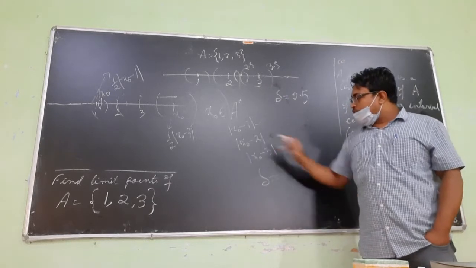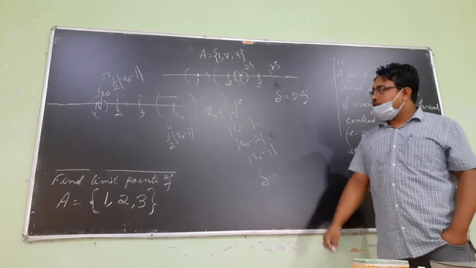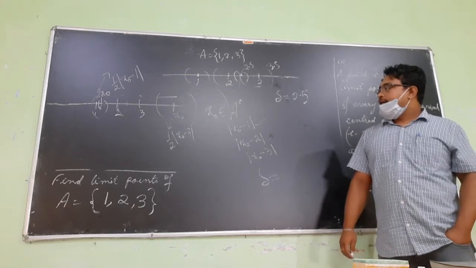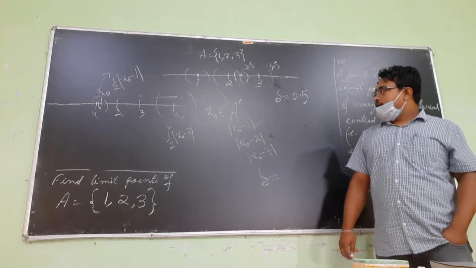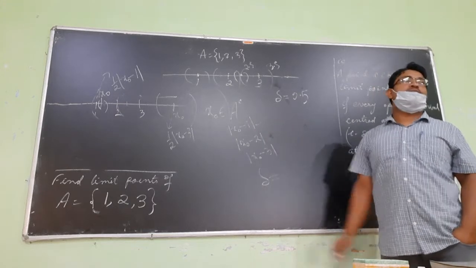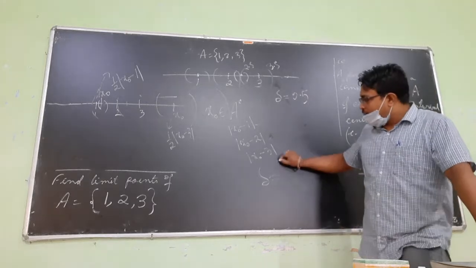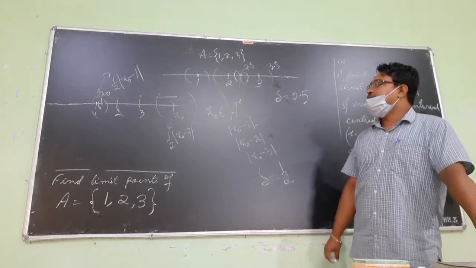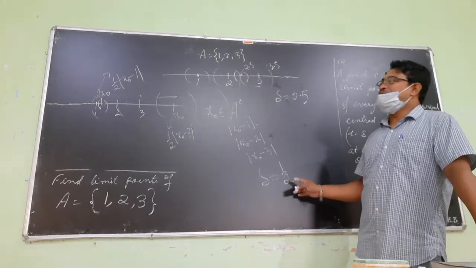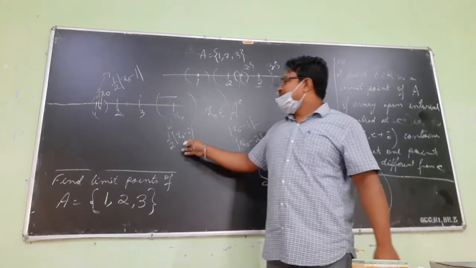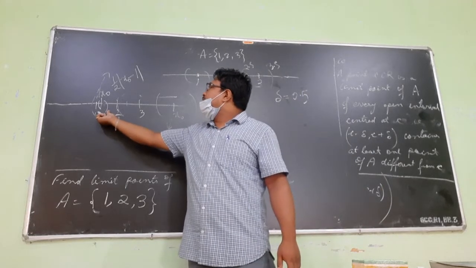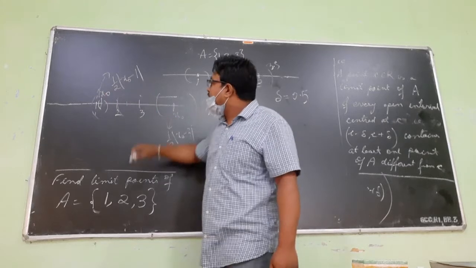So in general, what should be delta? Which distance should I take out of all this? Half of which distance should I take? See, in this case, I have taken the distance half of x0 minus 3. In this case, I have taken half of x0 minus 1.